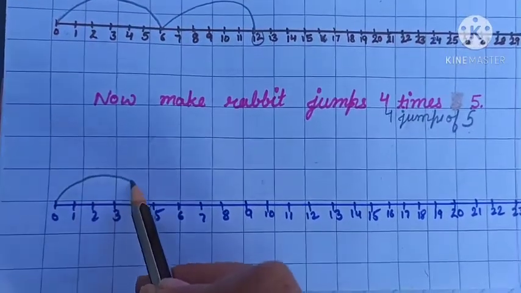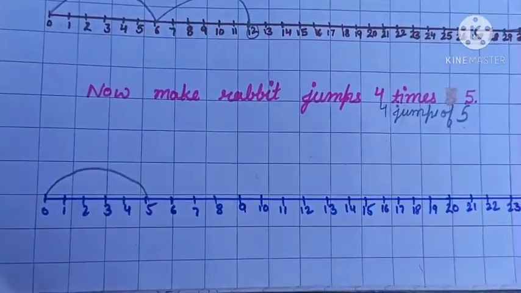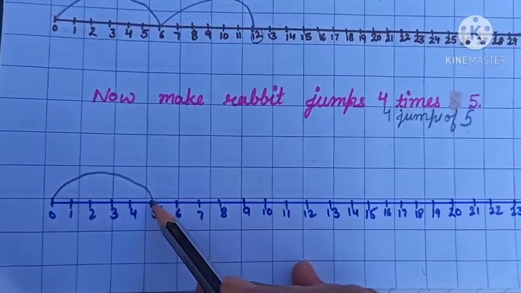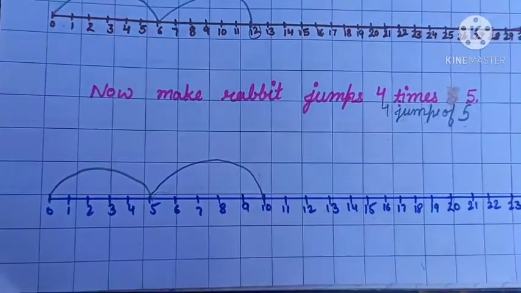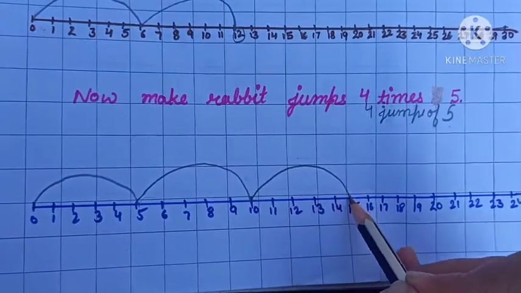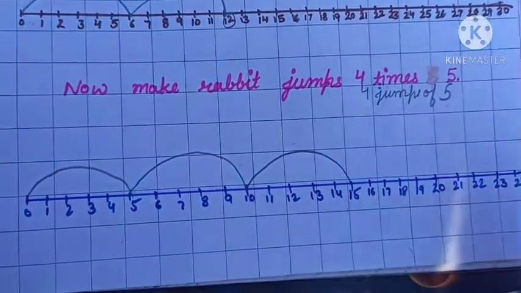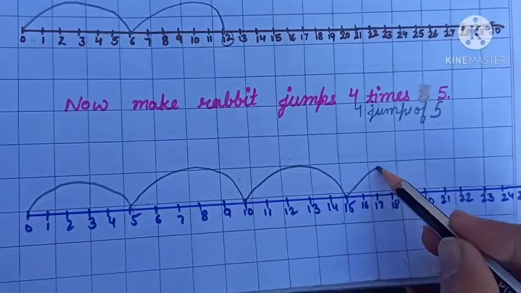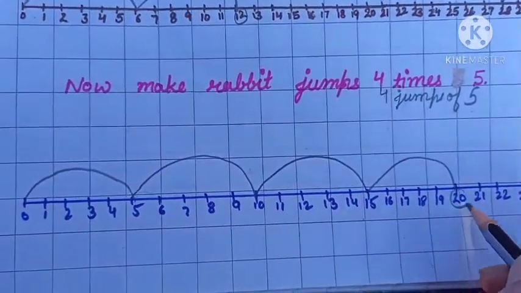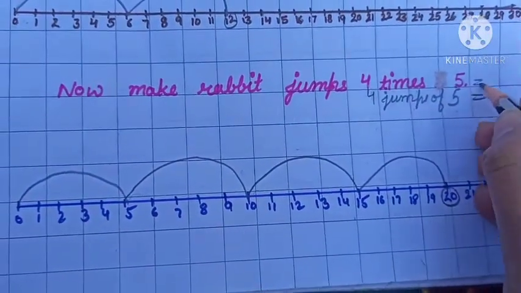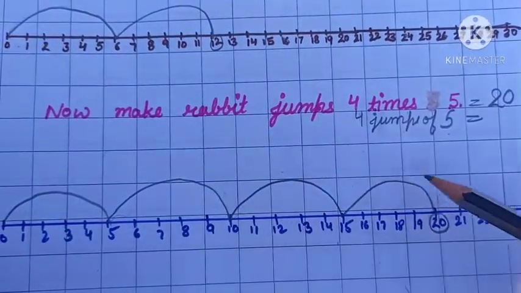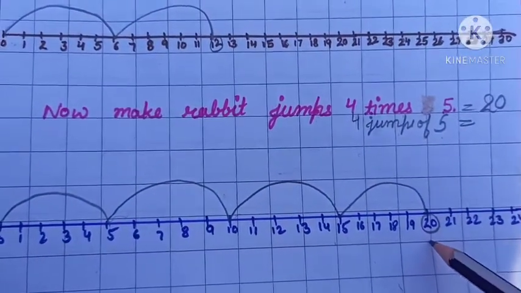So I came here after my first jump. So let's take a second jump. So now I came here at 10. Let's take our third jump and I came here at 15. Let's take our fourth jump and I came here at 20. So our answer is 20. After taking a gap of 5, I came here at 20.